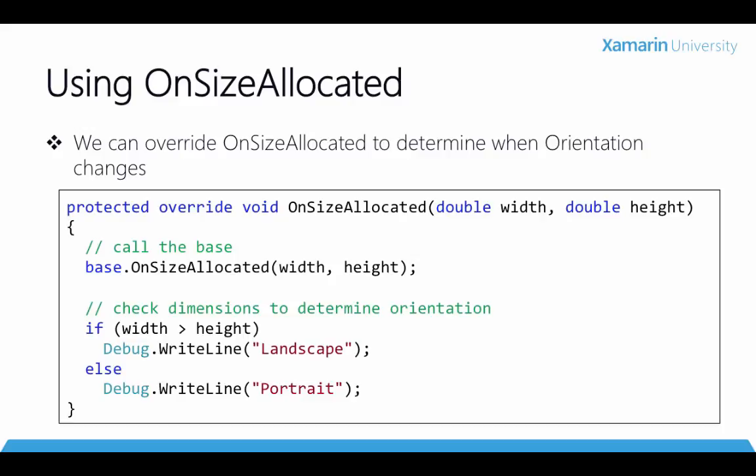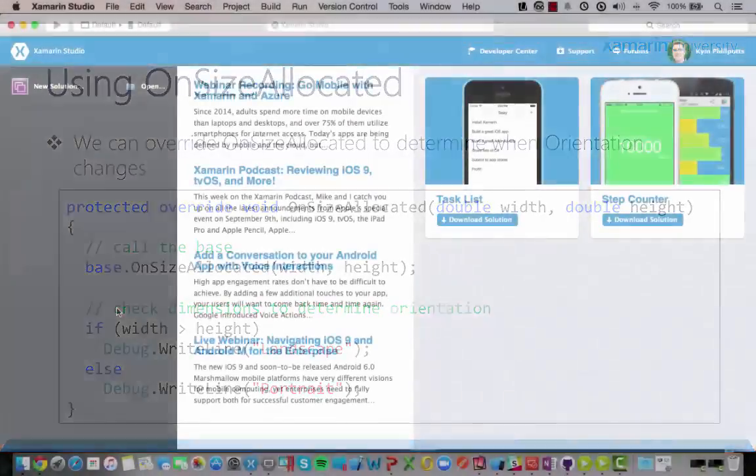This method is passed a width and a height, so to determine our orientation, all we need to do is compare the width and the height. If the width is greater than the height, then we're in landscape. Otherwise, we're in portrait. Based on this information, we can then respond appropriately to the orientation. We'll talk about how you can customize your layout shortly, but first, let's jump over and have a look at this technique in action.